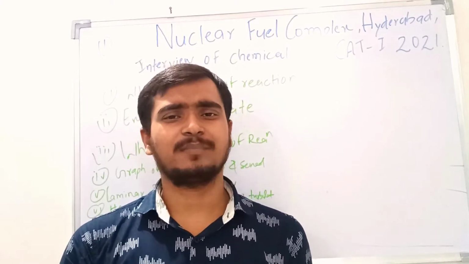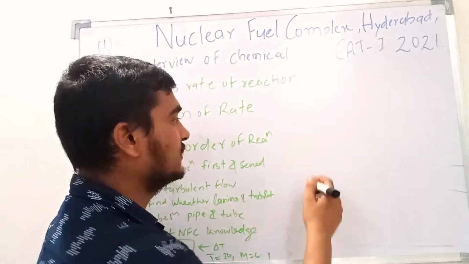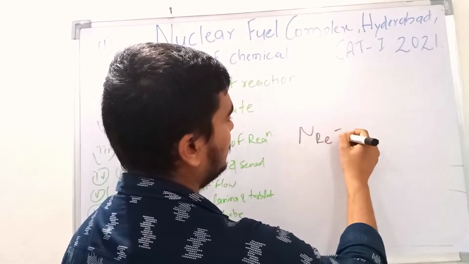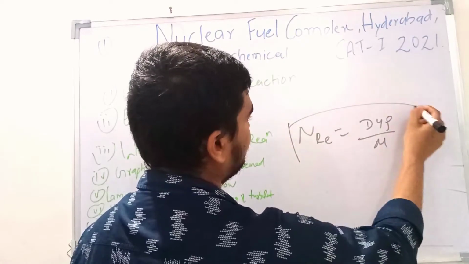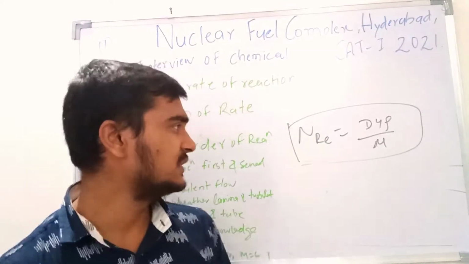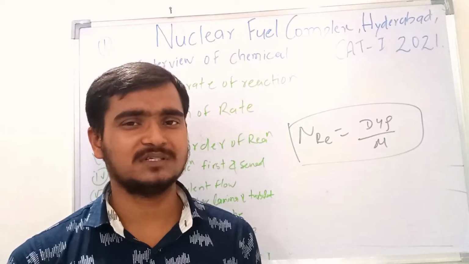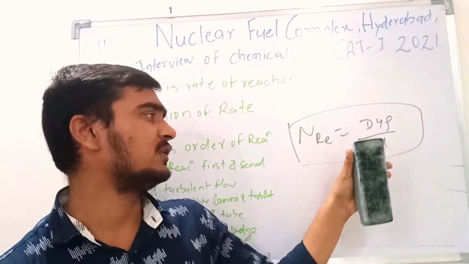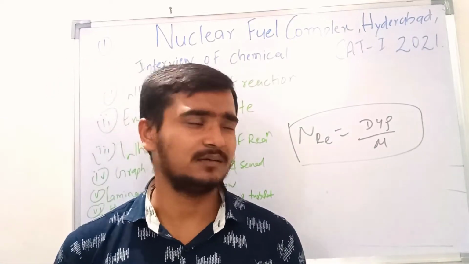In practice, from an industrial point of view, you can use the Reynolds number, N_Re = D u rho upon mu. Commercially, you already know the diameter, velocity, density, and viscosity.